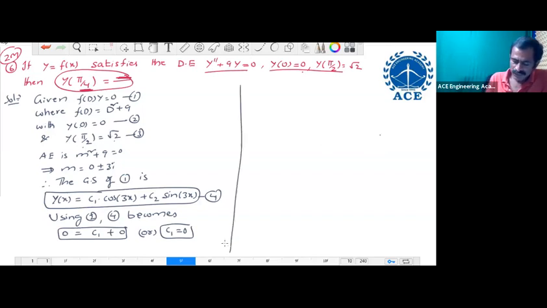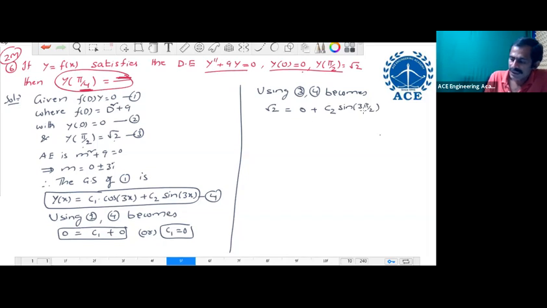Now next we find the c2 value. We apply the second condition: y equal to root 2 at x equal to pi by 2. Substitute x equal to pi by 2, y equal to root 2 in equation 4. Using 3, 4 becomes: y of pi by 2, which is root 2, equal to c1, which is 0 from the previous part, plus c2 into sin 3 pi by 2.